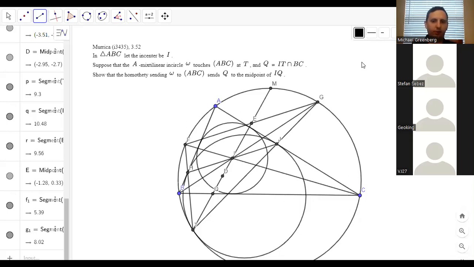Is there any way we can get the ratio QT over DT, or IQ over ED? We want to use that these are the midpoints of these arcs.